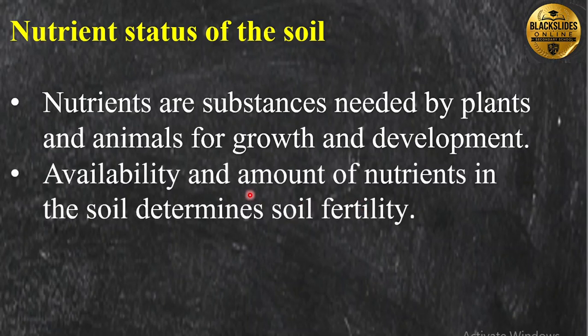So availability and amount of nutrients in the soil determines soil fertility. So a fertile soil is one that contains the right type and amount of nutrients. Crops growing in such a soil are going to grow and develop well.